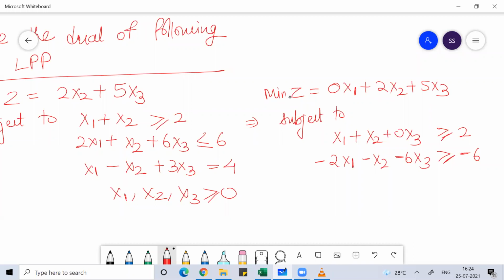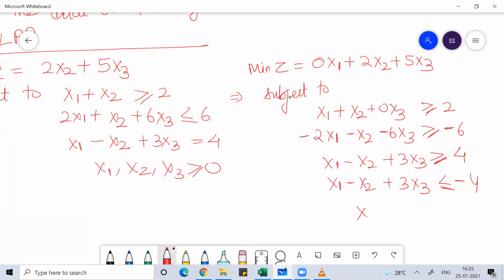Equal to 4 means x1 minus x2 plus 3x3 is either greater than or equal to 4, or x1 minus x2 plus 3x3 less than or equal to 4, where x1, x2, x3 are greater than or equal to 0.